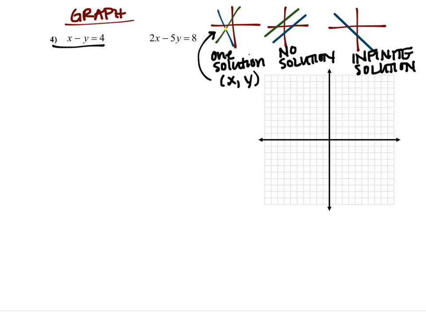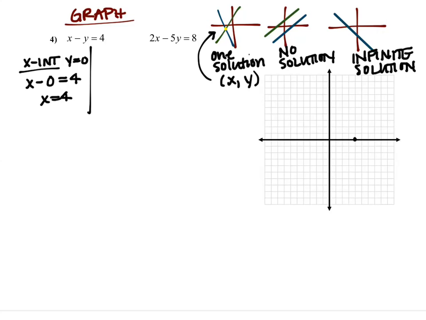Let's take a look at the first problem, x minus y equals 4. I have an x-intercept where y is equal to 0. So if I have x minus 0 equal to 4, I get x equal to 4, and I put a dot where x is equal to 4, right here. I'm going to do the y-intercept next.